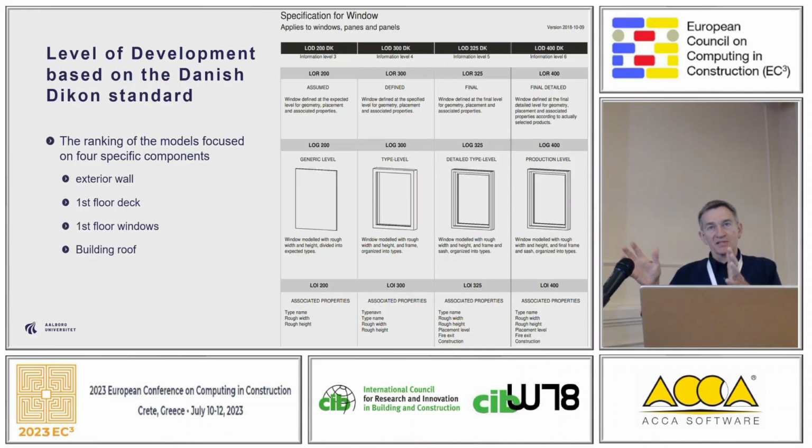We follow their standard to look at the content of the students' models. To be able to compare between different years and different groups, which had different projects, we decided to look into 4 different components: the exterior walls, the first floor deck, windows on the first floor, and the building roof. We assumed these would be in all models.